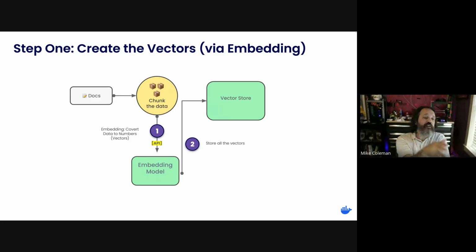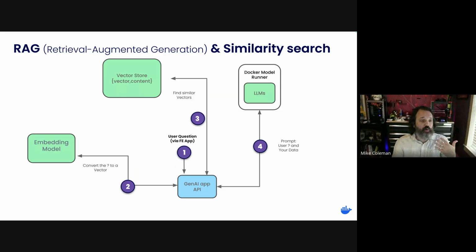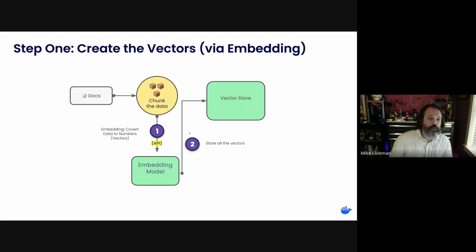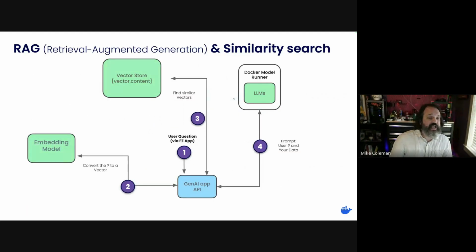So if you look at what happens now in the search for retrieval augmented generation, which is what we're going to build, this application is a support chatbot. I want my support chatbot to know about my support data for my company. So I have taken that support data and put it into a vector store, sitting out there on my system.